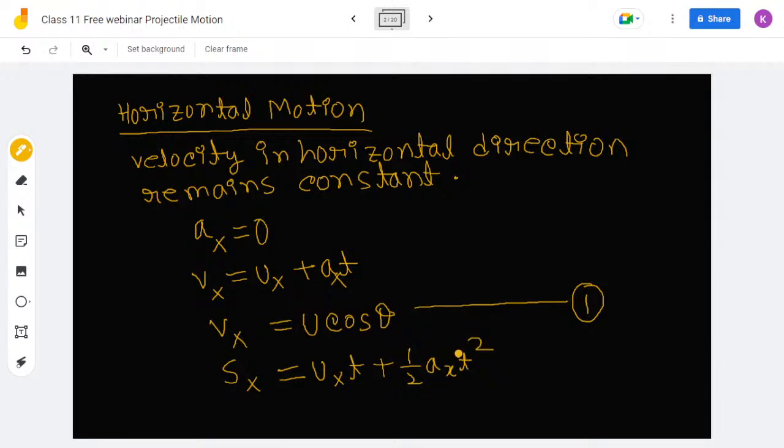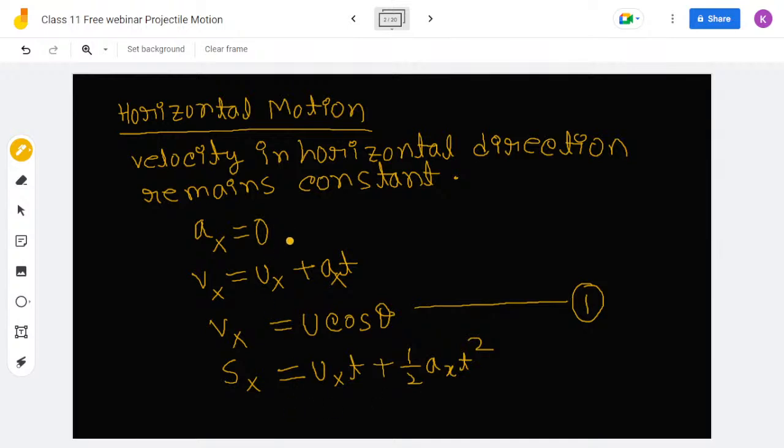We take the x component of all the equations of motion, that is, the x component of distance, which is denoted by s suffix x, the x component of the velocity, which is denoted by u suffix x, and the x component of the acceleration, which is denoted by a suffix x.